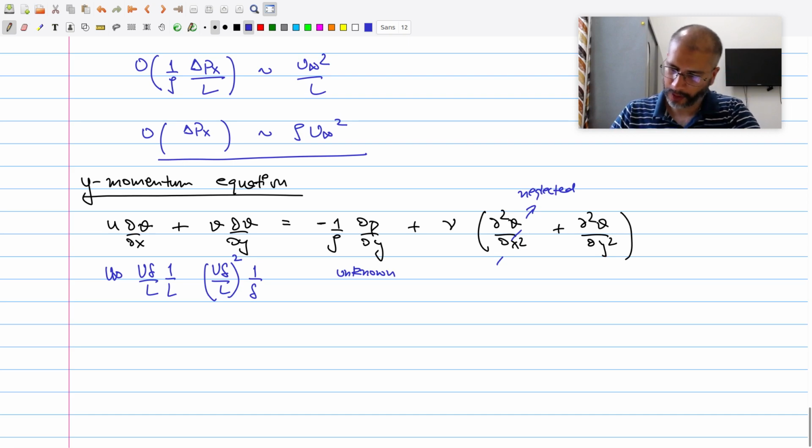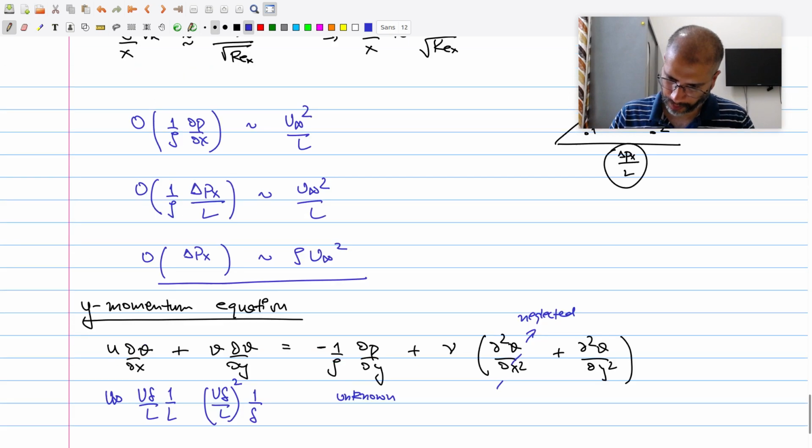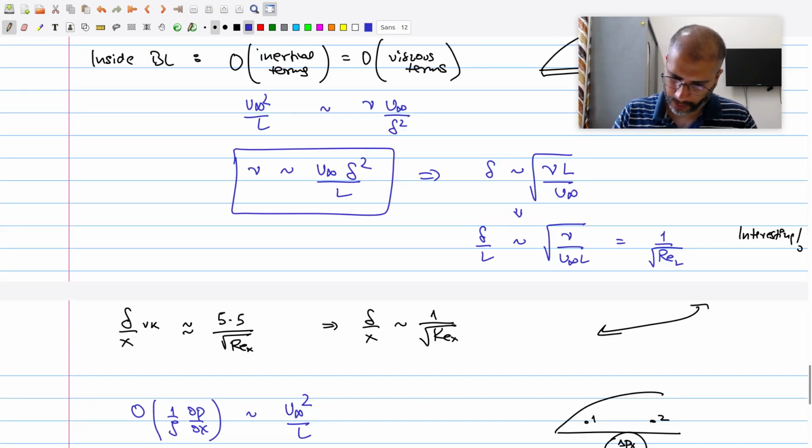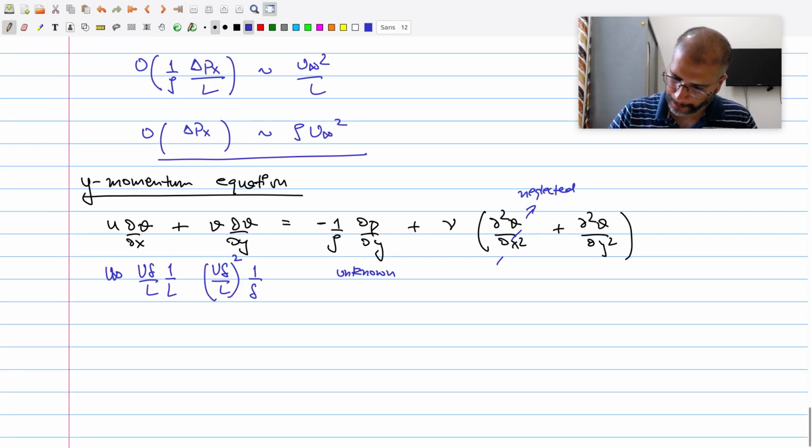The order of nu we found out was u infinity delta squared upon L, and then the order of del 2v by del y squared. So del 2v is a change in y, so this is u delta upon L, and then delta y squared in the denominator, so that's a 1 by delta squared.